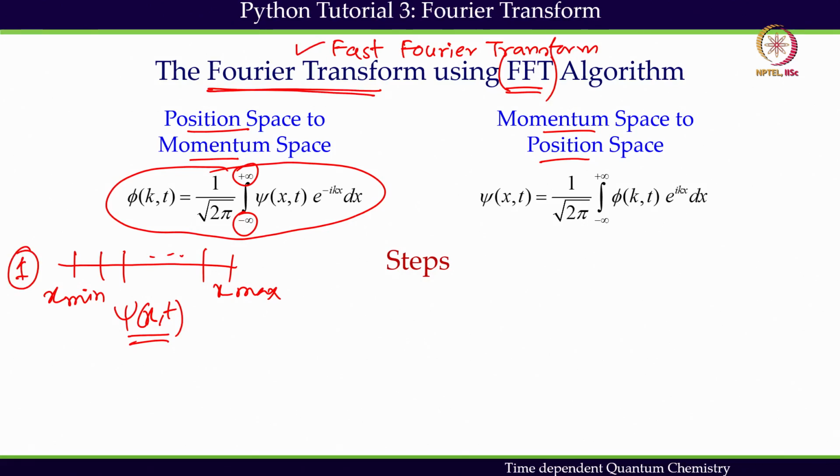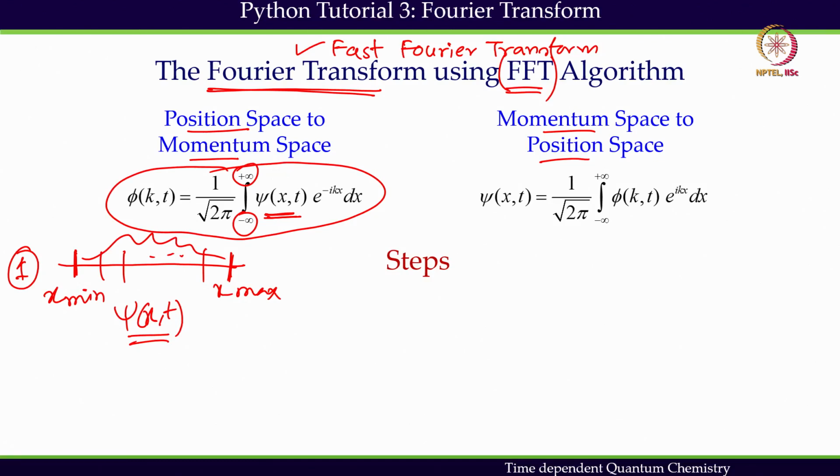First we have to represent the wave function in a finite grid, and we know how to select those finite grids. When you are selecting the finite grids, we have to make sure that at the boundary of the grid the wave function goes to 0, because we cannot use minus infinity to plus infinity limit in the finite grid in the numerical method.